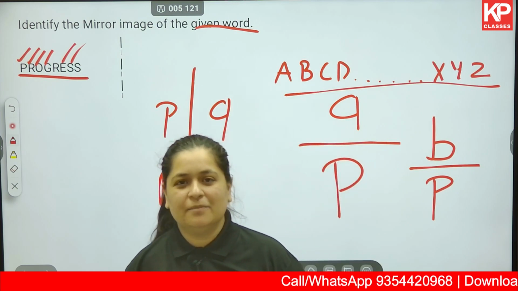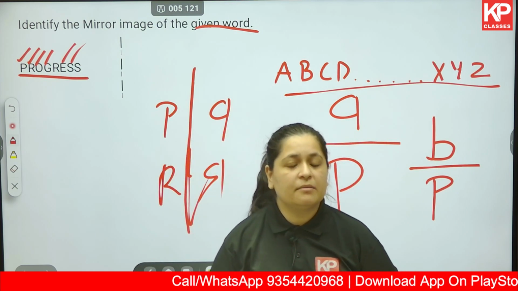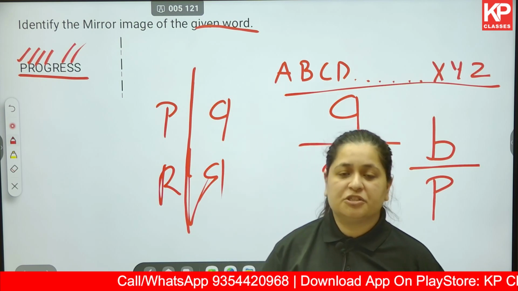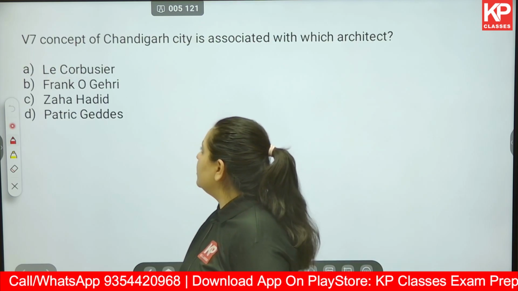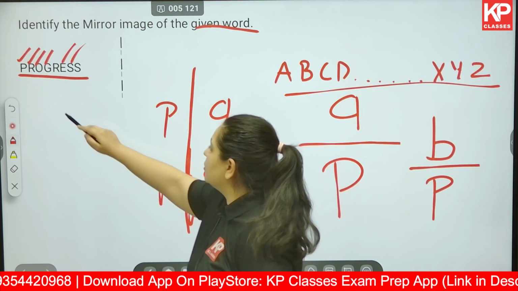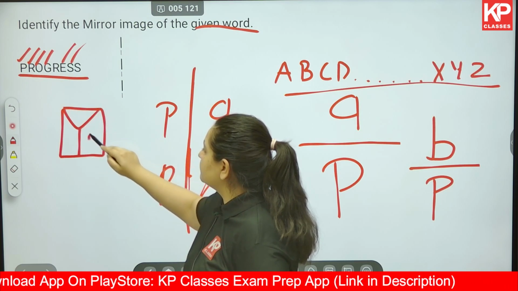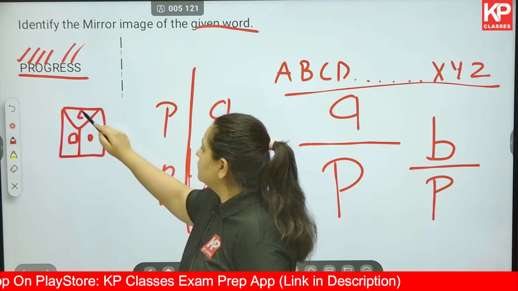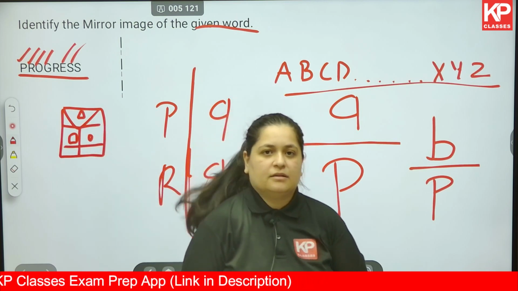Does your work end here? No. There are questions. Now with respect to mirror image, what different kinds of questions are asked? You have to understand that. For example, mirror image with respect to a 2D image. Okay, you could be given, let's say, something like this, probably.